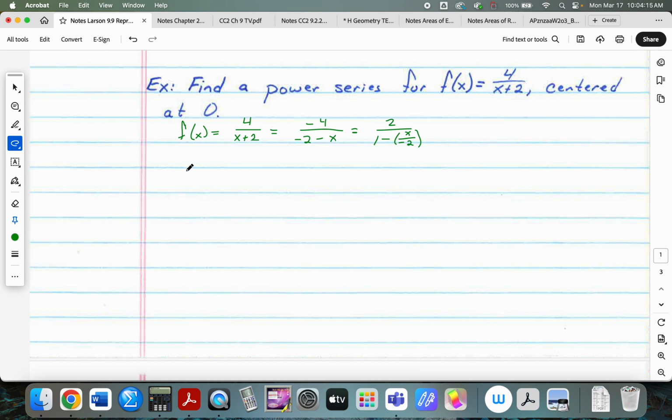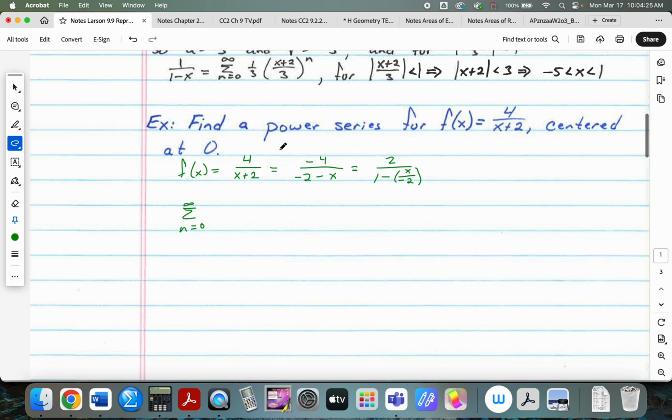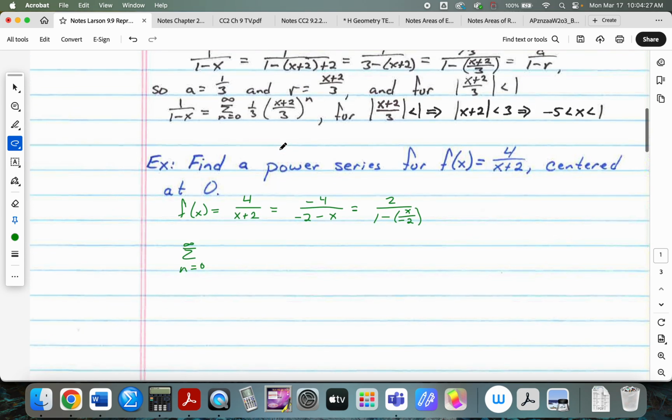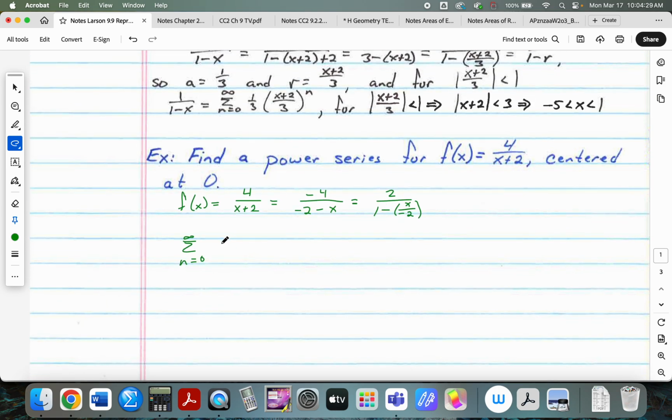So this is going to be the summation as n goes from 0 to infinity of 2 times negative x over 2 to the nth power. Notice that that'll give you, when n is 0, the first term will be 2, and then for every subsequent term we'll multiply by negative x over 2.